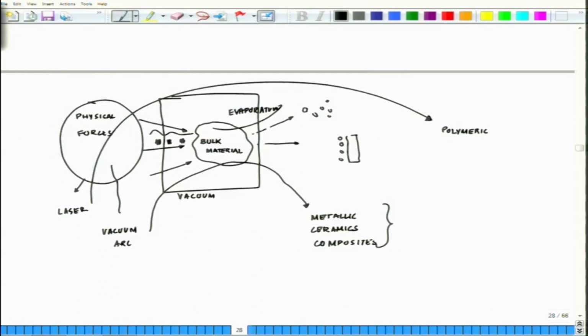Then you have laser pyrolysis. The laser pyrolysis technique is again a vapor based synthesis process.